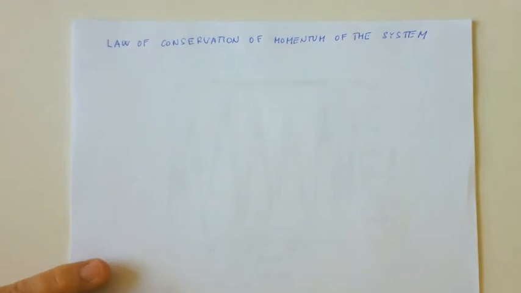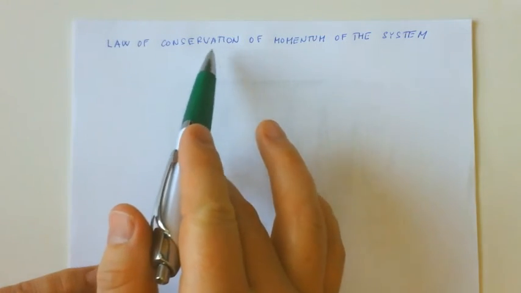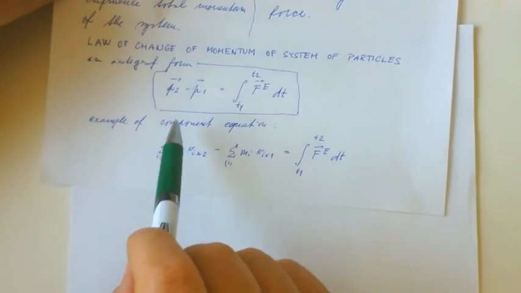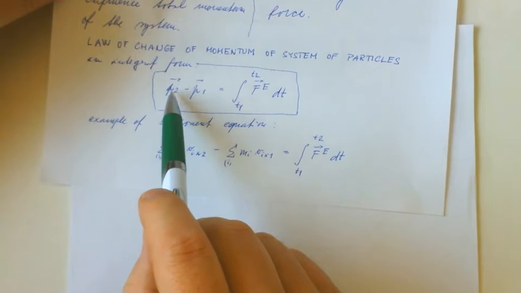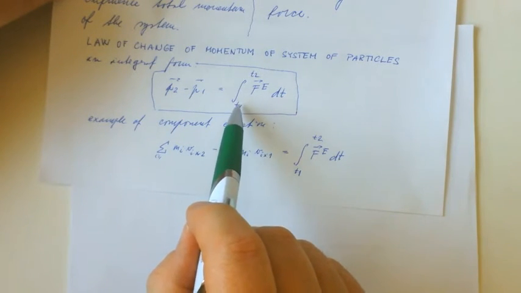And finally, we can continue with the formulation of the law of conservation of momentum. So if we have a law of change, it means P2 minus P1 is equal to this.